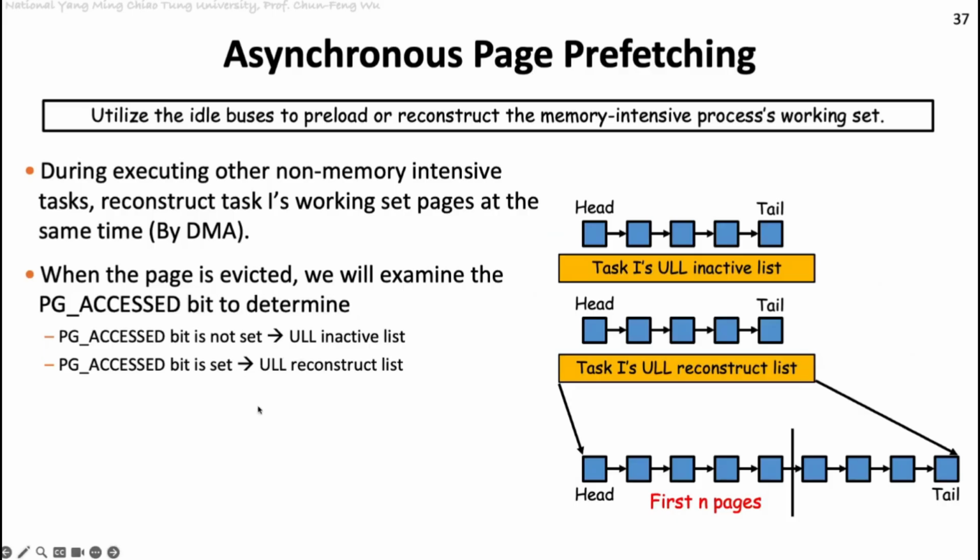But this is only one bit. So no matter whether the page is accessed 1 or 2 or even 3 times, the access bit will only be set once. So we use this access bit to know what kind of pages we are going to recover for the following memory intensive process.